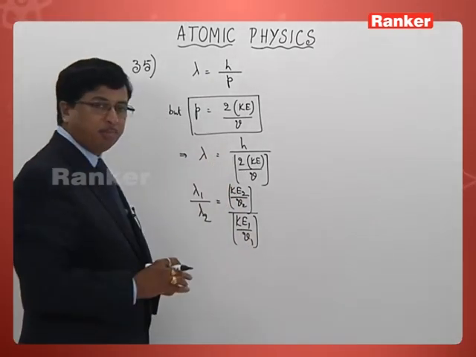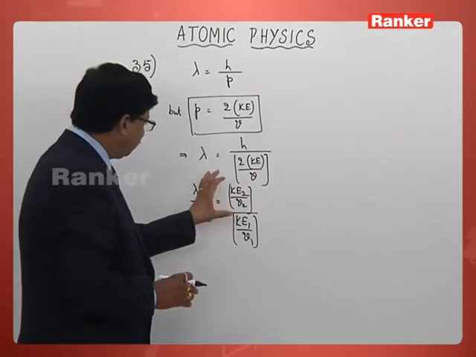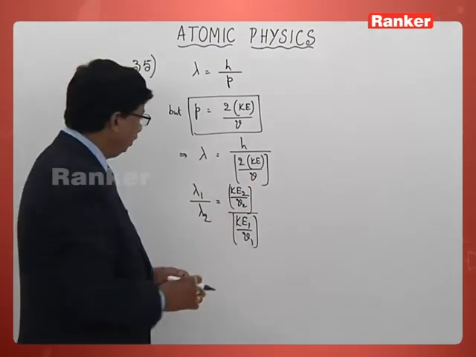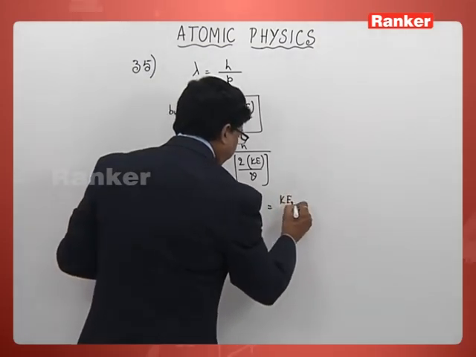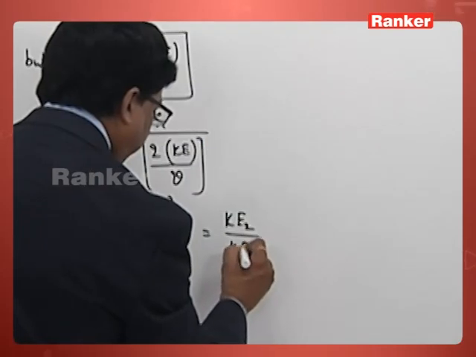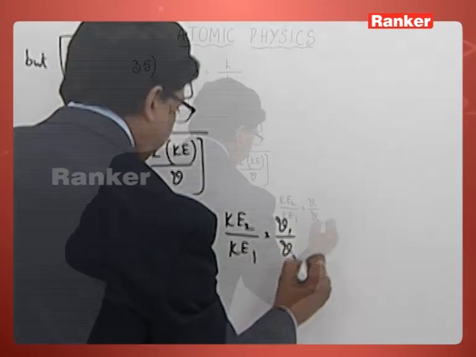Lambda is inversely proportional to kinetic energy by velocity. That is the concept I have taken up. So we can rewrite the same this way: kinetic energy final by kinetic energy initial into initial velocity by final velocity.